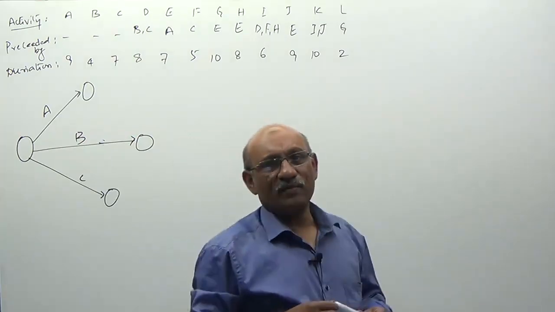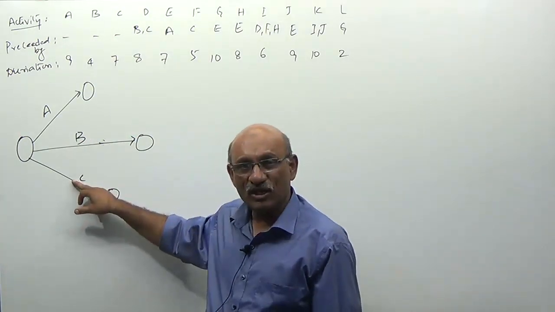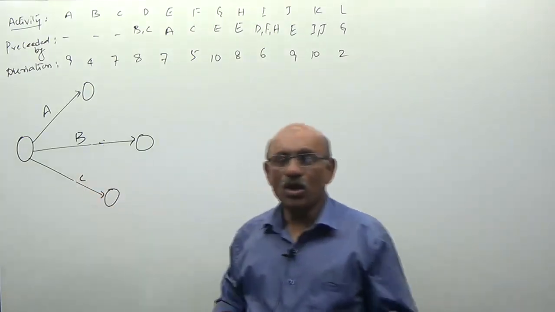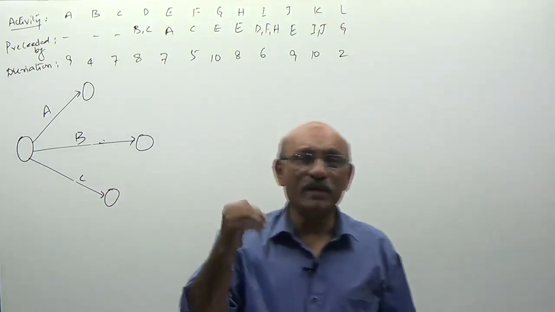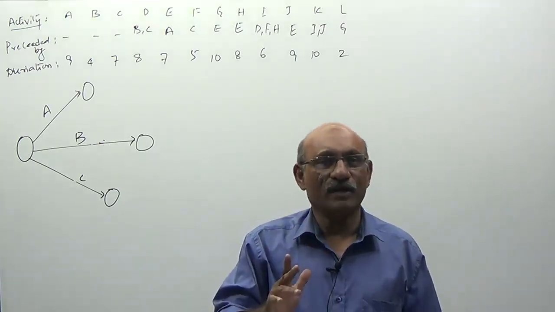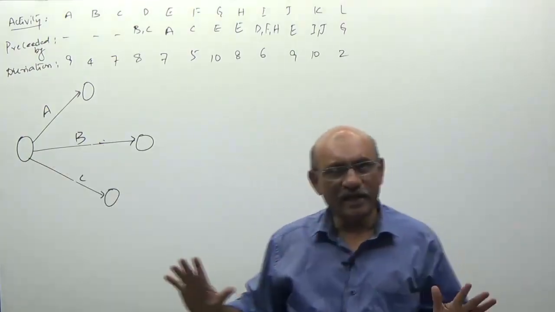But B and C have the same initial node, so network rules will not allow us to join B and C straight away.